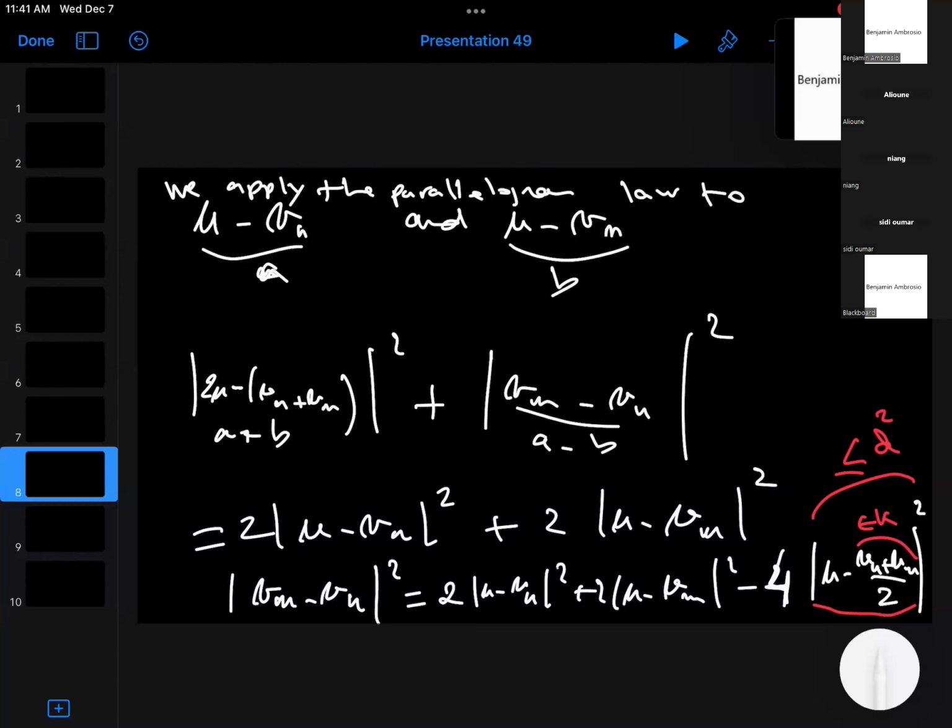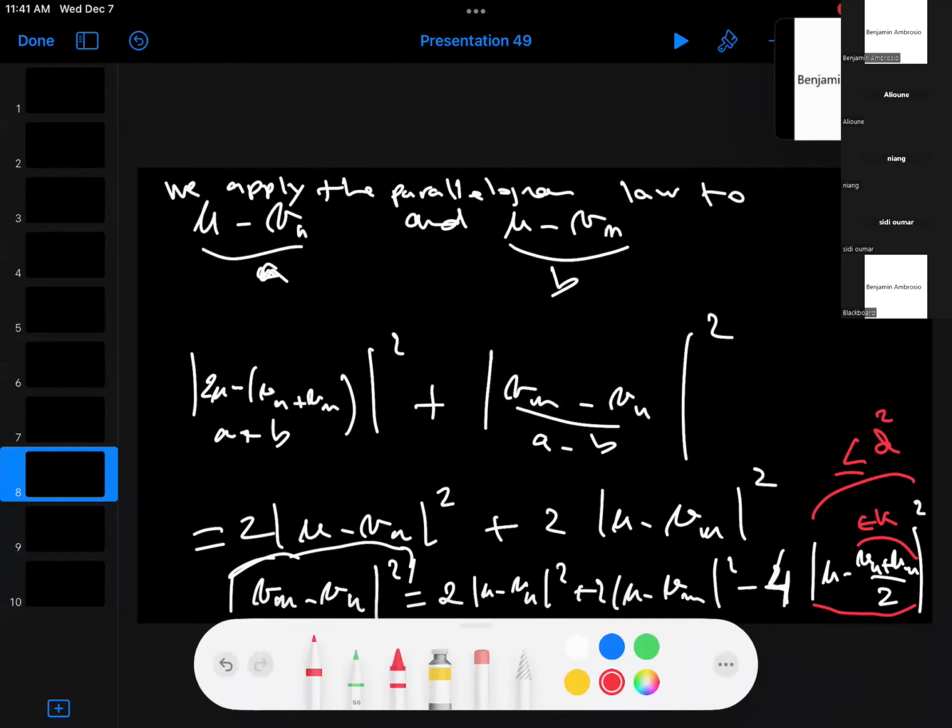Yeah, so next, applying this equality, we obtain this equality, and so we have the norm of Vn minus Vm squared here, and since this term belongs to K, I know that this term is at least d.